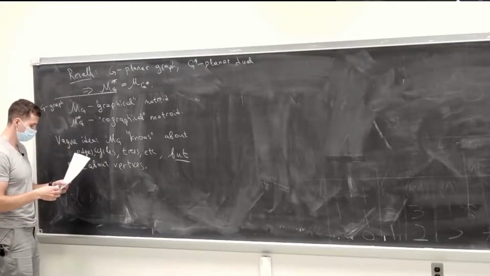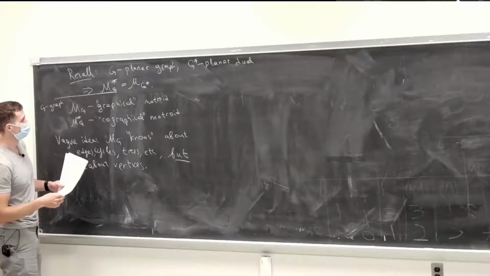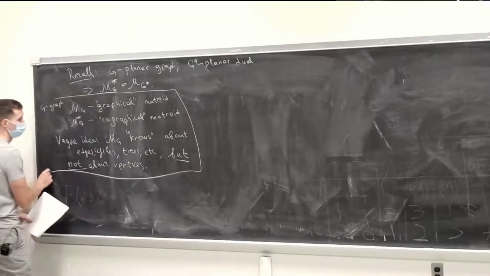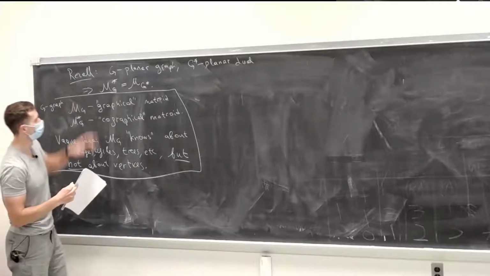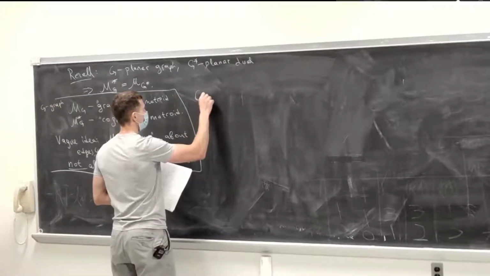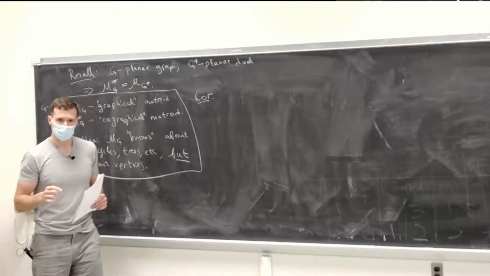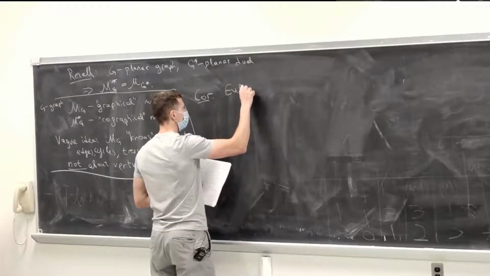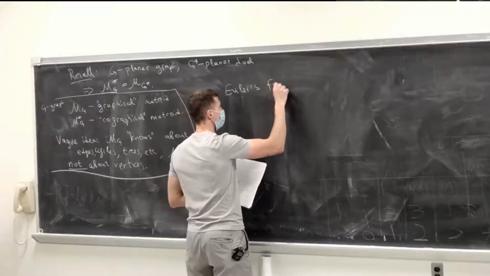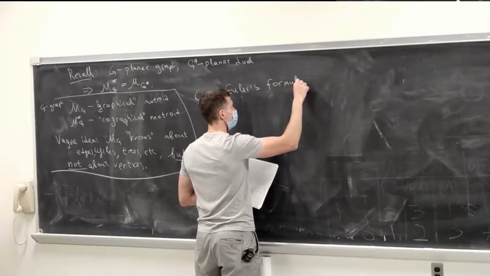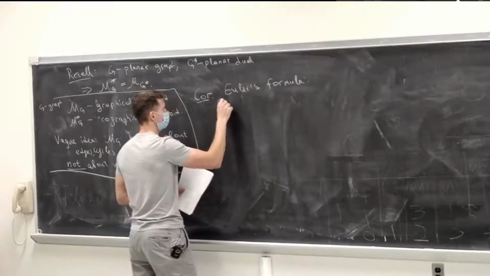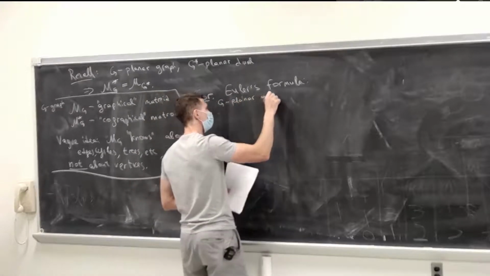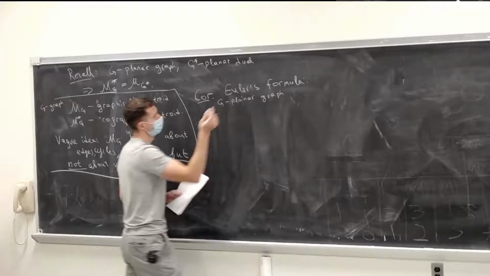And finally, let me mention one more cute corollary of this result. Corollary: it's Euler's formula. So if G is a planar graph, then it has vertices, edges, and faces.